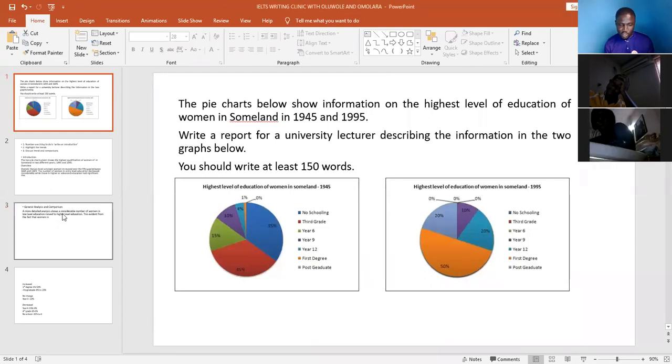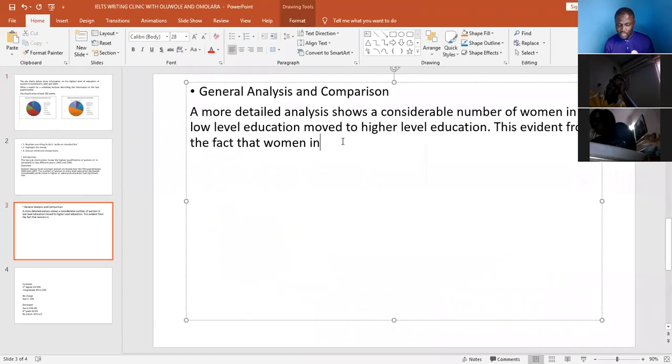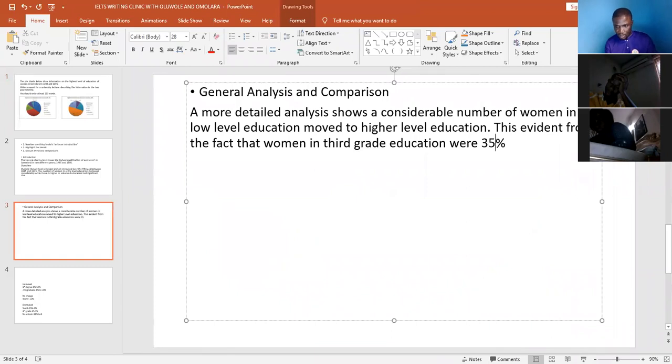Okay, yes. Women in third grade education were 35% in 1945, but the number dropped.